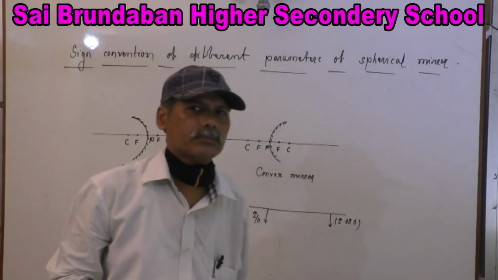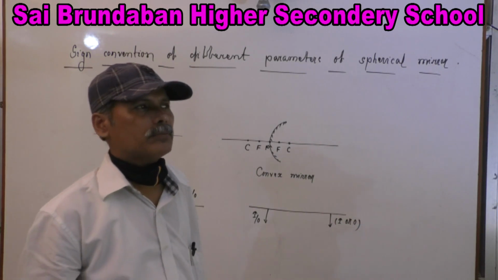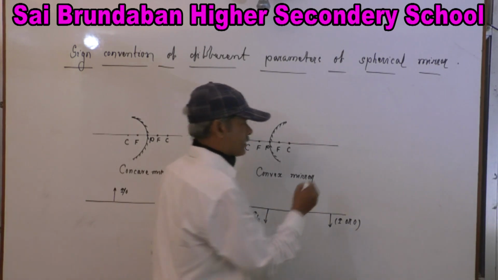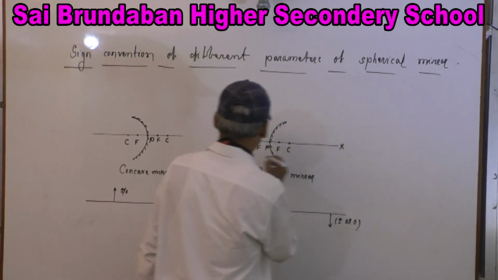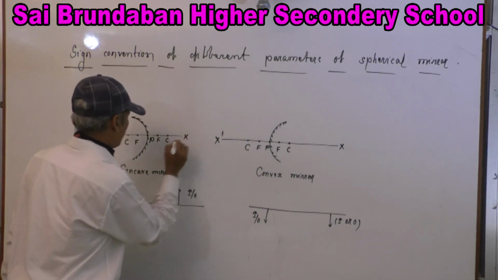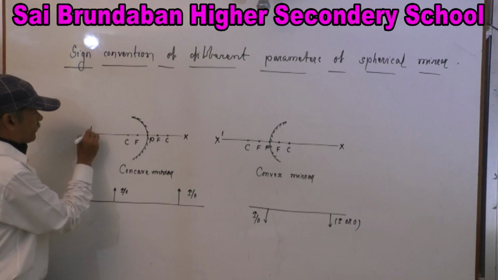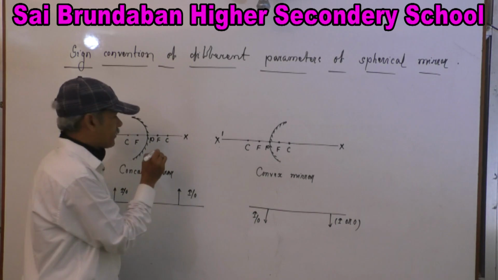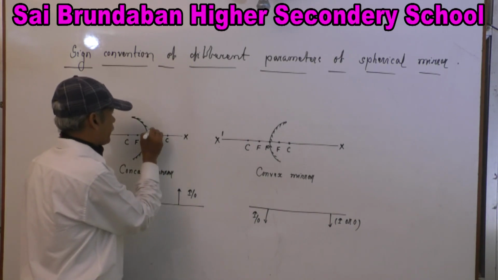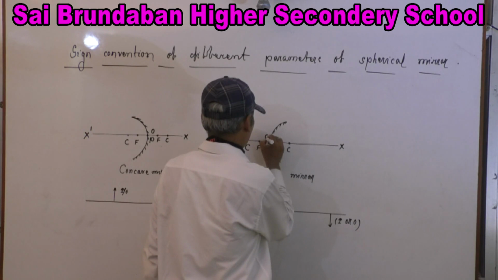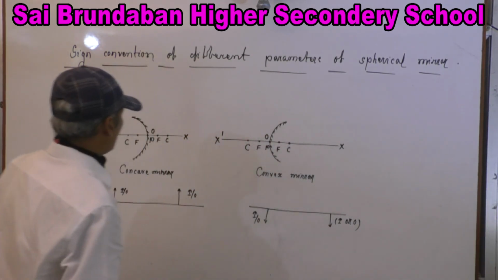Assume the principal axis is the x-axis. Then the pole represents the origin.